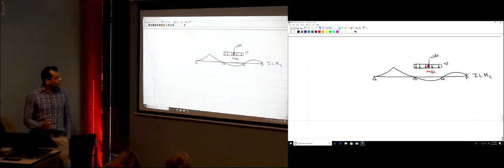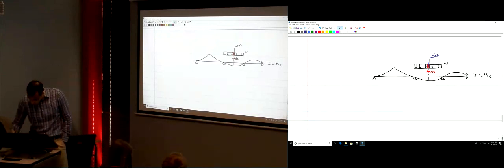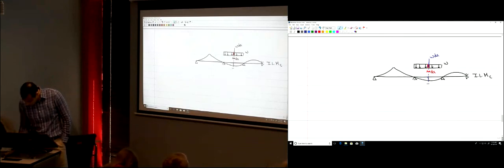Now, the MC due to this small load is just the magnitude here, W dx, multiplied by this height, the influence line at this point.